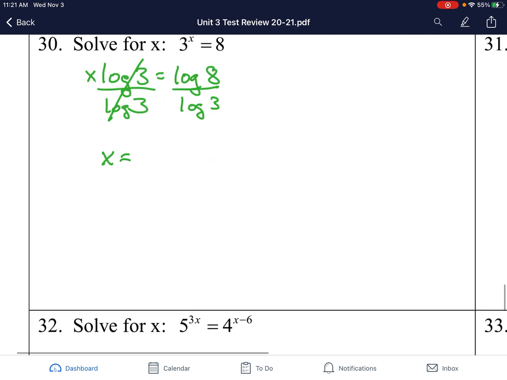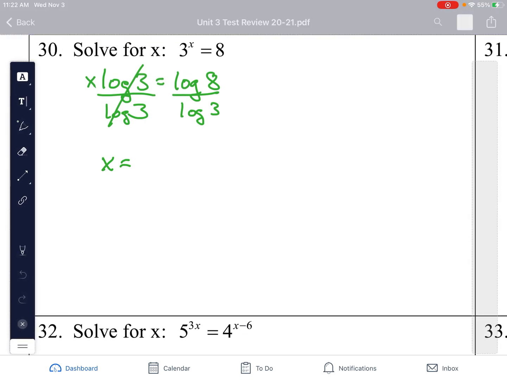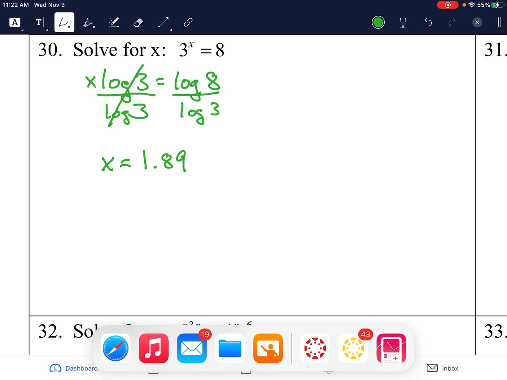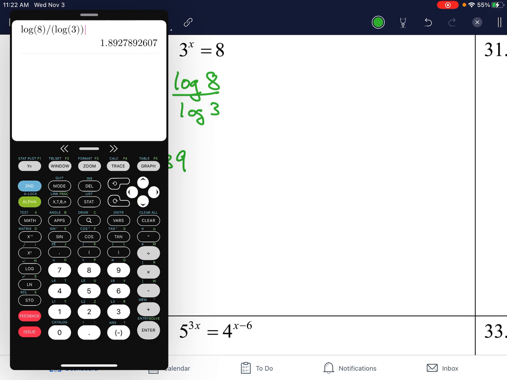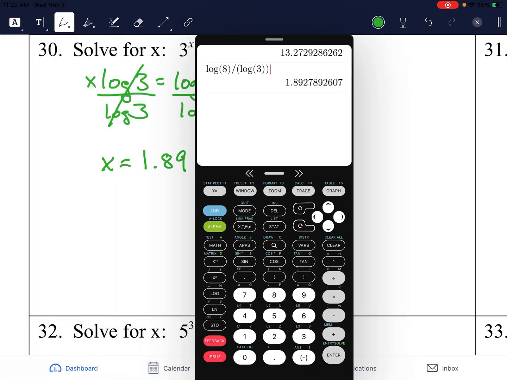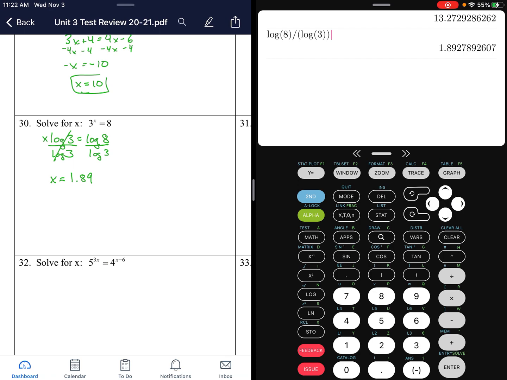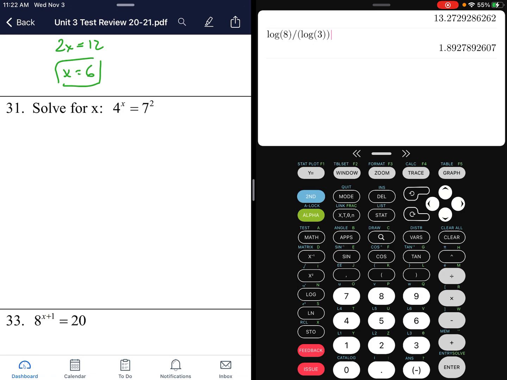We're going to do it on a calculator off screen. 1.89. Or you know what we'll do? That's what we'll do. Okay. It's a better idea.